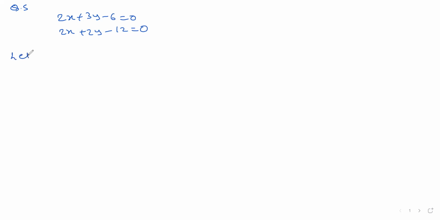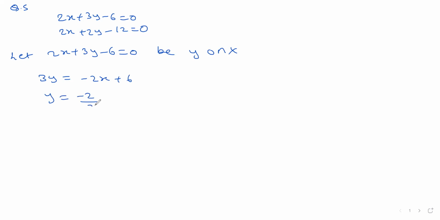So I will say let 2x plus 3y minus 6 is equal to 0 be the y on x equation. So 3y will be minus 2x plus 6. Y is minus 2 by 3 x plus 6 by 3. This is byx. So byx is the coefficient of x, that is minus 2 by 3.